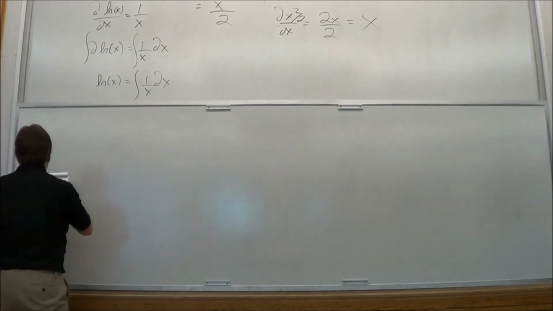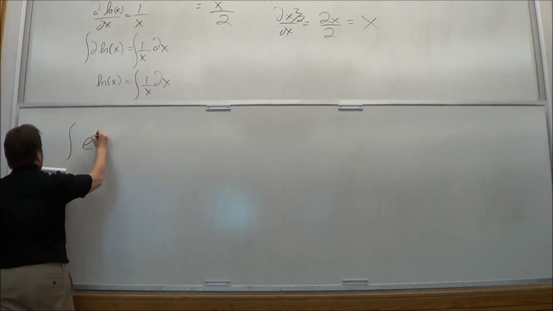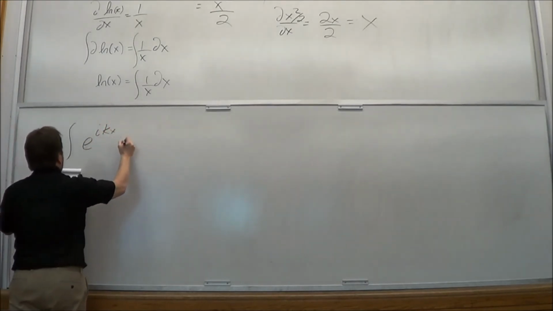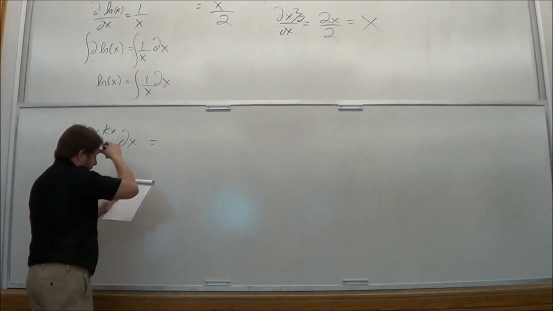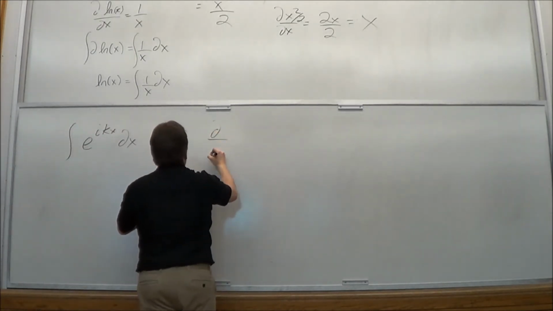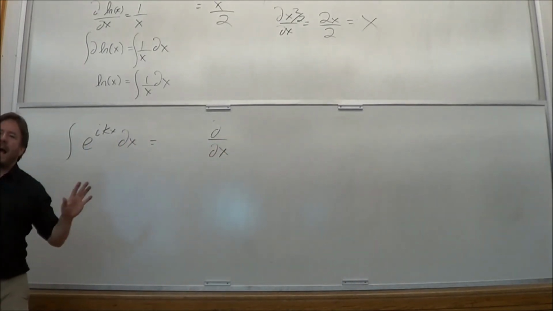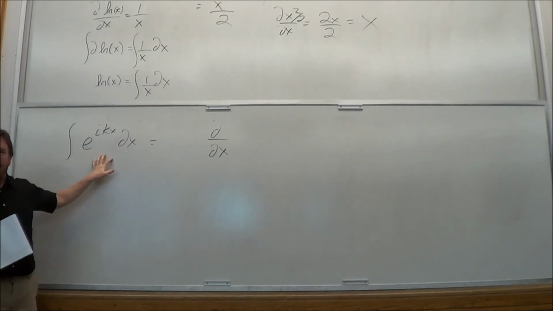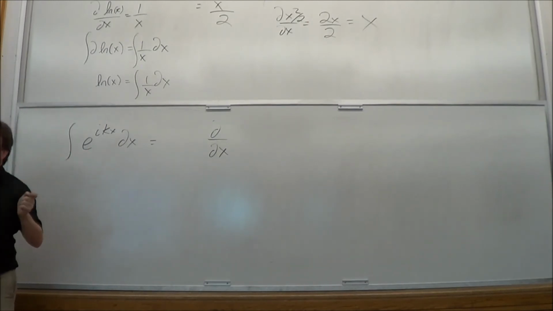So let me do an exponential. We're going to be integrating e to the ikx a gazillion times. Now I ask myself, the derivative of what? Now here's the thing. The reason I like thinking this way is that I know exponentials survive the differential.